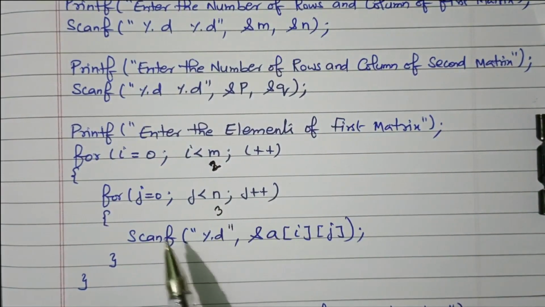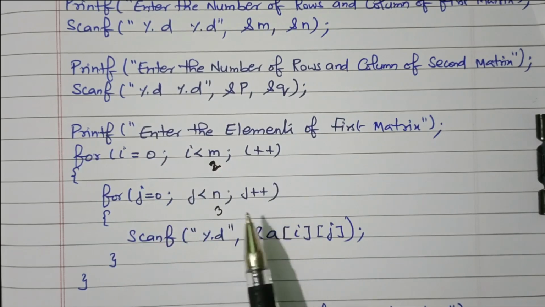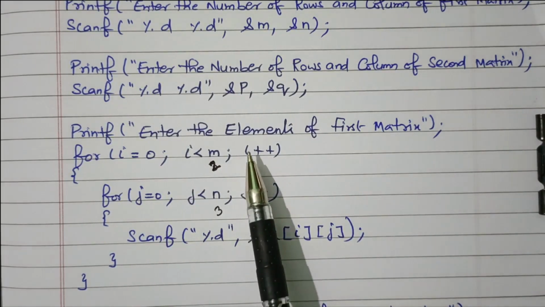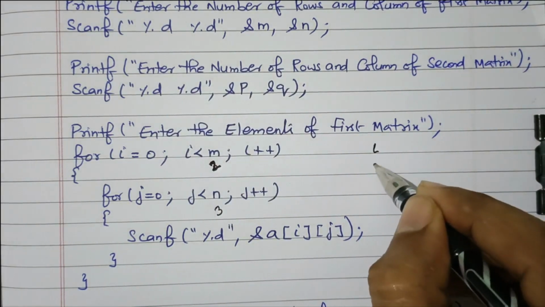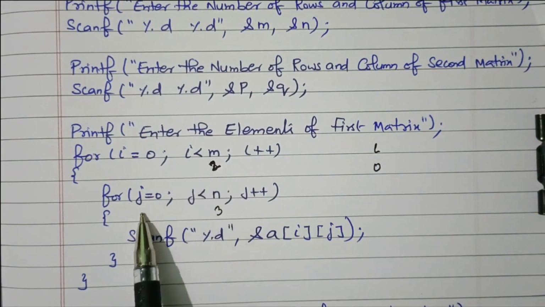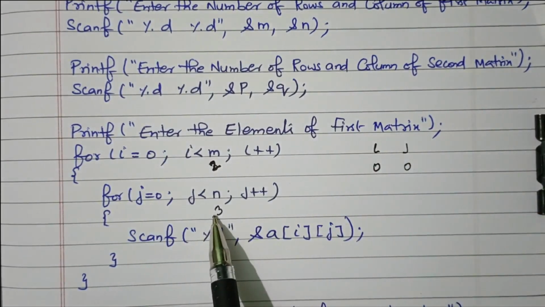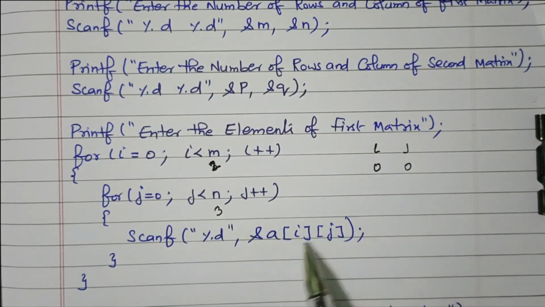Inside this, the outer loop varies the row and the inner loop varies the column, scanf and a[i][j]. How does it vary? First i equal to 0. The condition is correct, so it goes to the inner loop. j is also 0, the condition is correct, so it scans the first data and stores it in a[0][0].